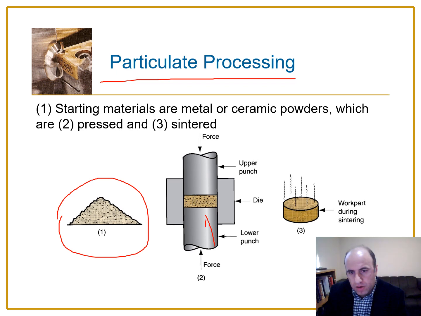We apply force, and then we heat it up to a certain temperature. The temperature has to be lower than the melting temperature. It's called the sintering process. Then the material becomes solid and has higher strength, similar to the solid material.